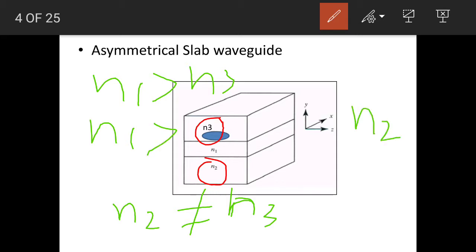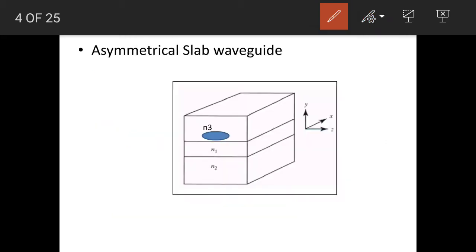So N1 is greater than the refractive index of the top layer and the bottom layer of the slab waveguide. So this type of waveguide is known as asymmetrical slab waveguide.